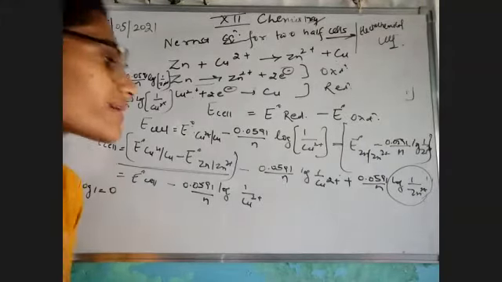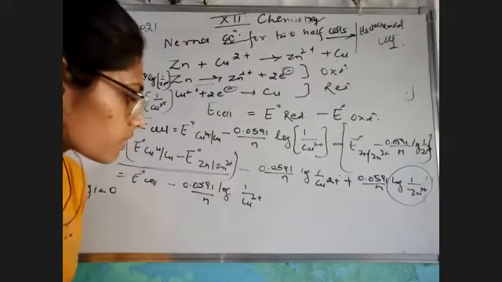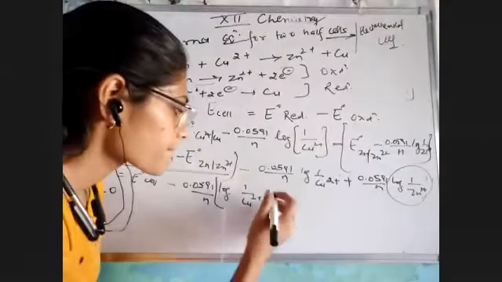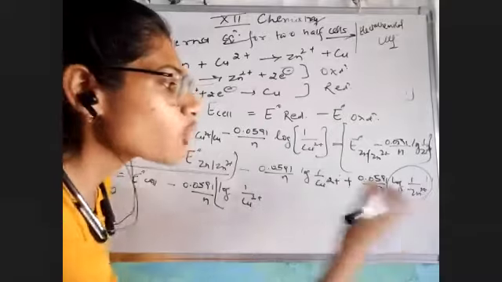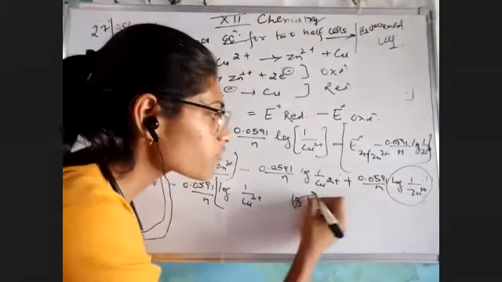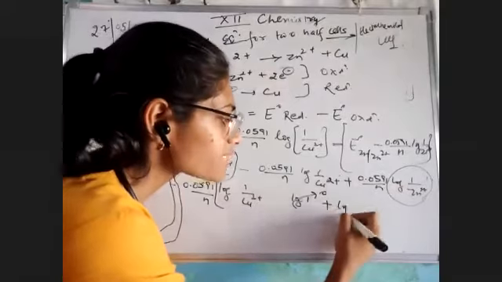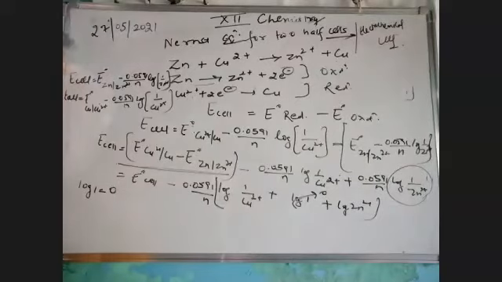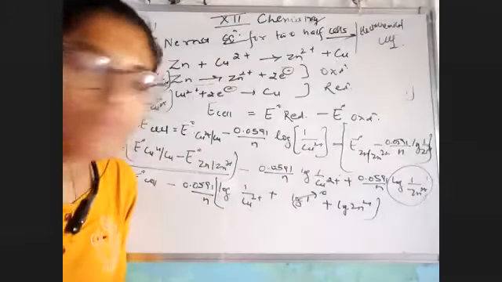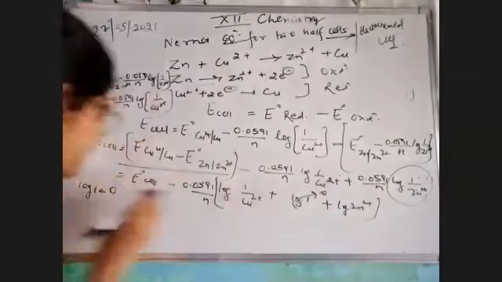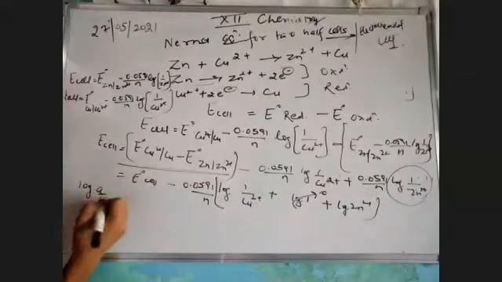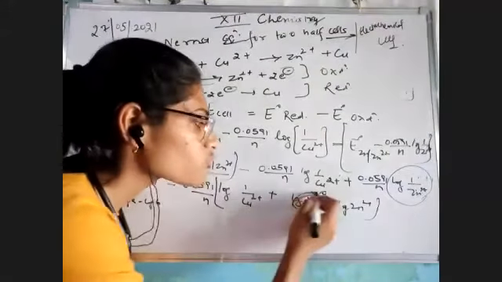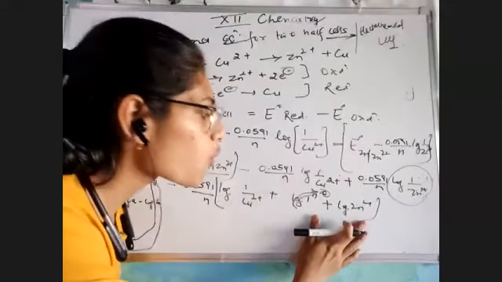So can I rewrite it like this? Okay, whenever I solve it, what would happen? Log 1 would be equal to 0 plus log Zn2 positive. But I hope you have studied this in your mathematics class, or even in 11th class if you're from medical, that whenever we have log A divided by B, we can write it as log A minus log B. So log A is equal to 0 and we are left with log zinc 2 positive.